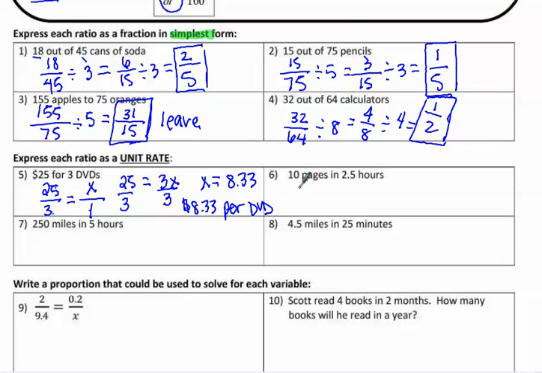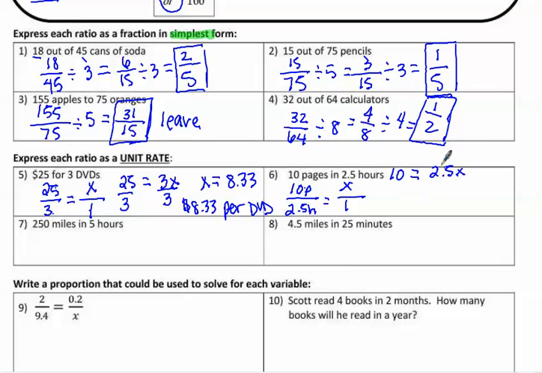On number 6, you have 10 pages in 2.5 hours. How many pages can you read in 1 hour? Same process, you want to cross multiply. 10 times 1 is 10. 2.5 times x is 2.5x.